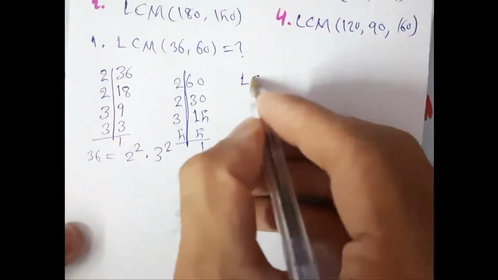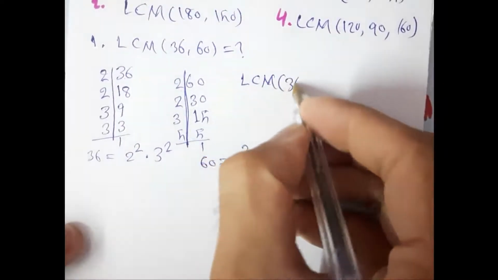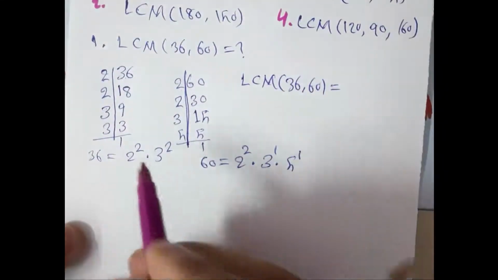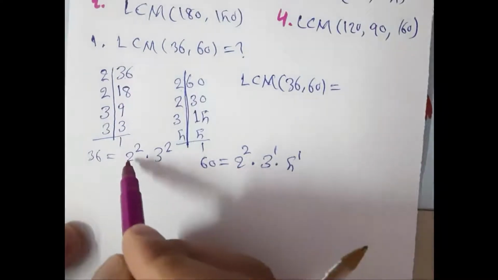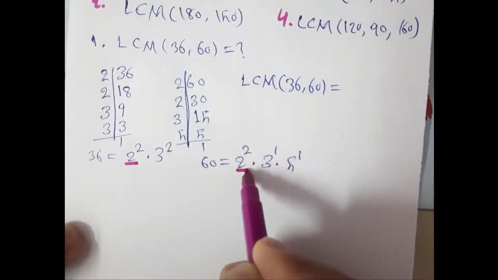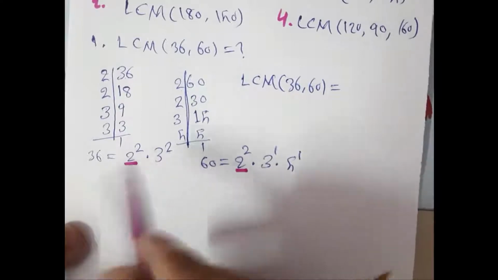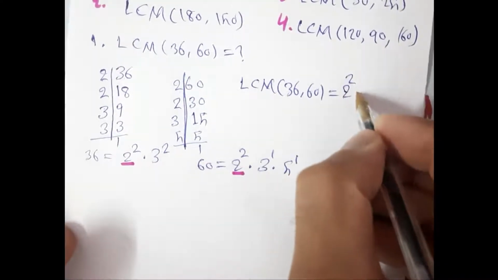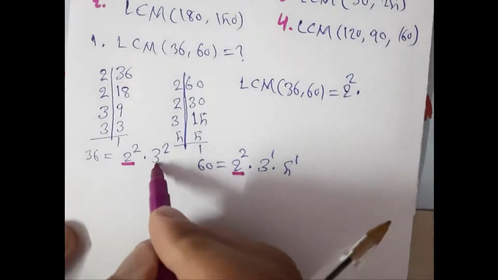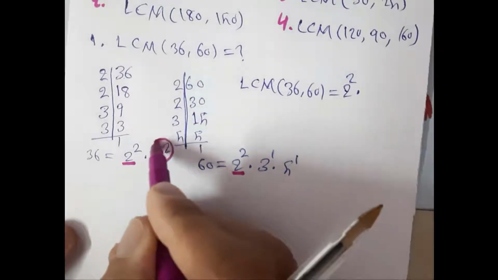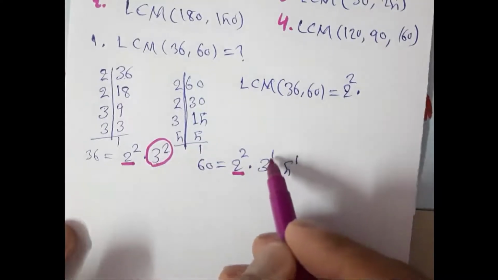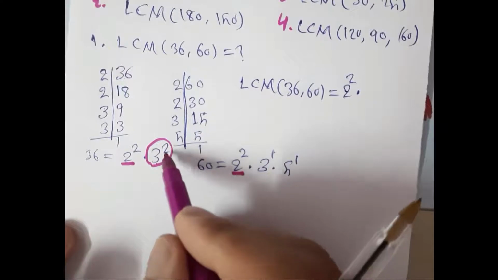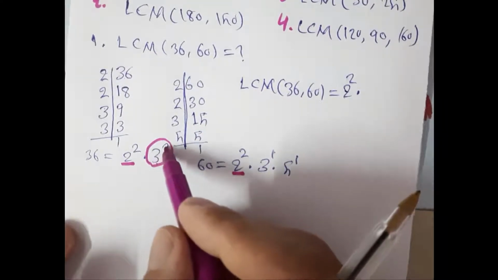Now we want to choose the LCM of 36 and 60. Here we have 2 and also we have 2; from both of them, which are the same, we choose one. 2 power 2 into 3 to the power 2, because here we have 3 to the power 2 but there 3 to the power 1, and the exponent 2 is greater than 1.